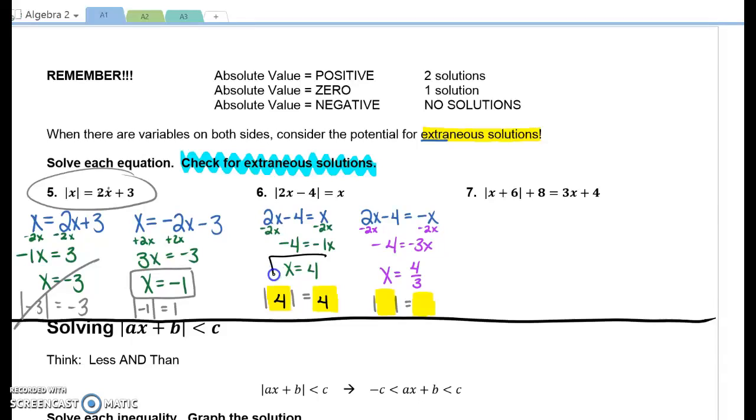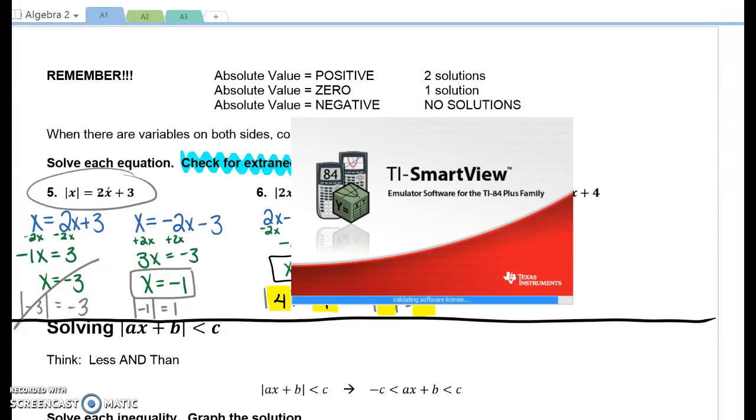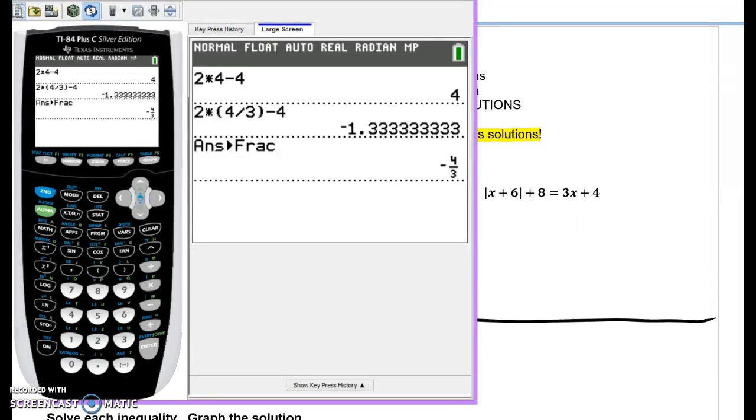Yes, that solution works. Now the solution of 4/3 is a little bit more challenging to plug in, especially if you aren't very comfortable with fractions. So I'm going to use my handy calculator.